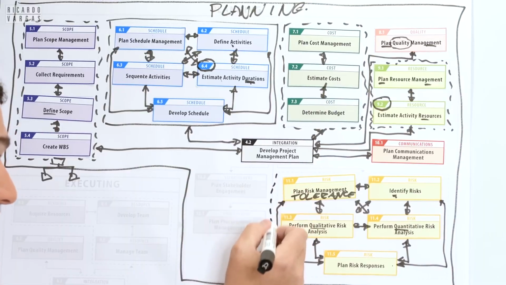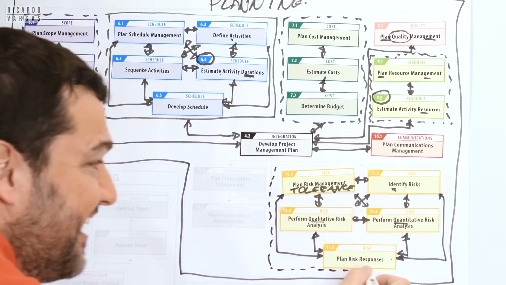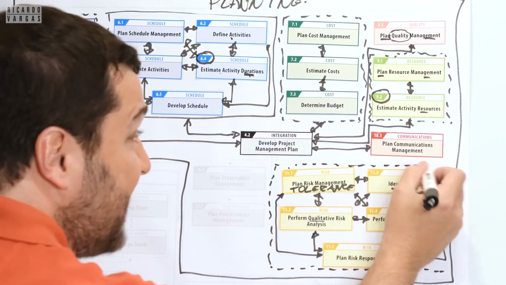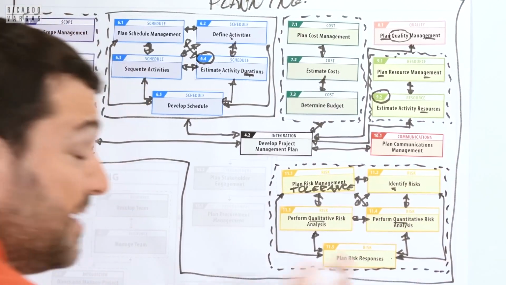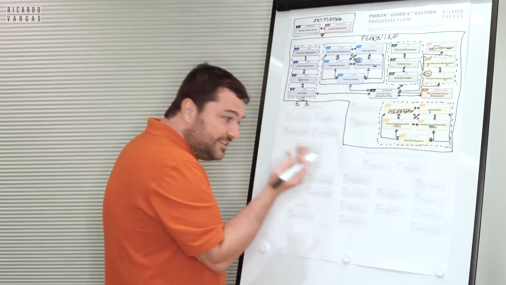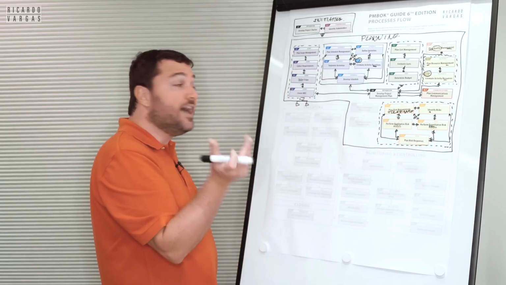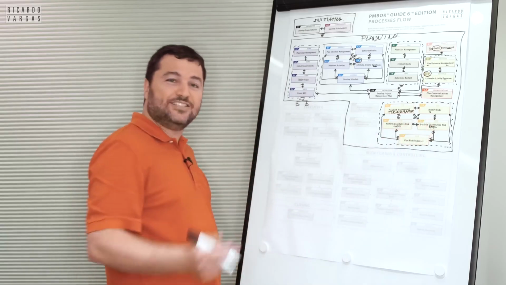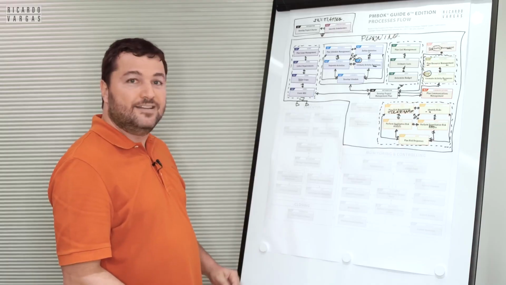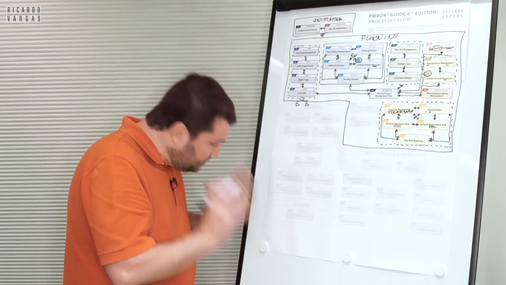And these 5 processes, they work together. Again, look at the arrows. They go forward and backward. Why? Because maybe you are doing a quantitative analysis and suddenly you identify another risk. And you cannot say, oh, the risk is done, I cannot go back. This is not good.